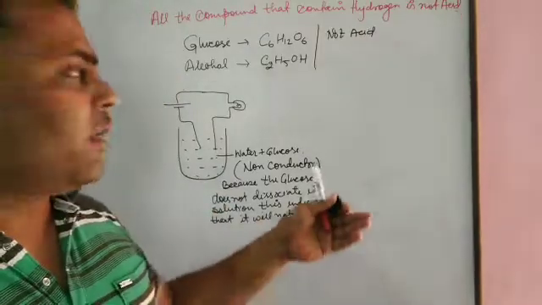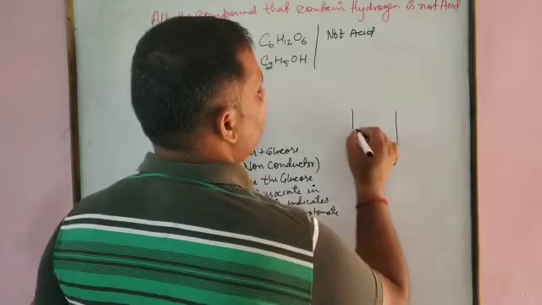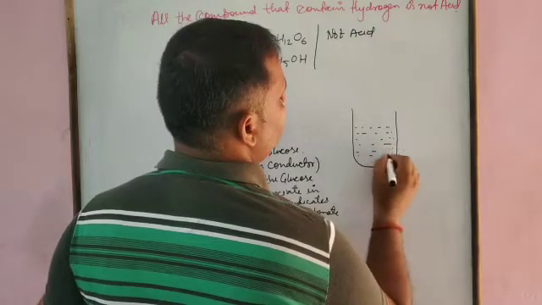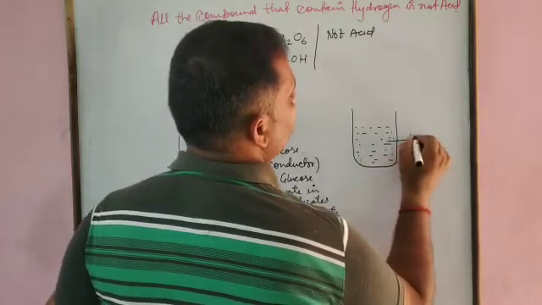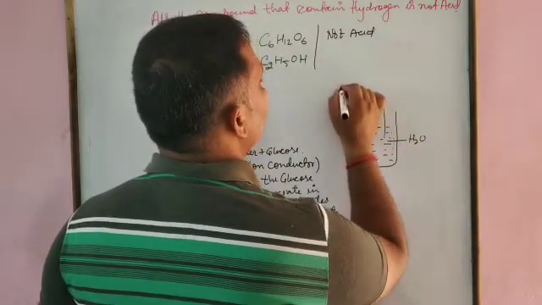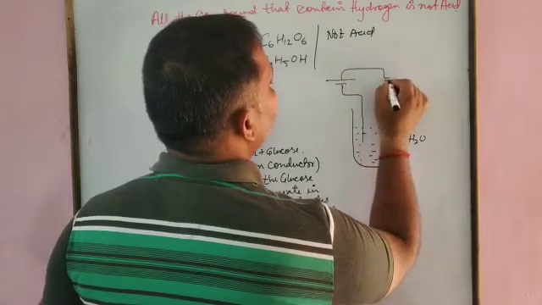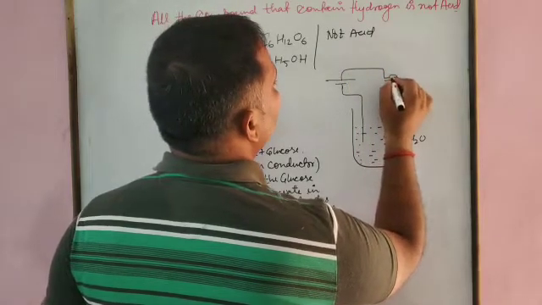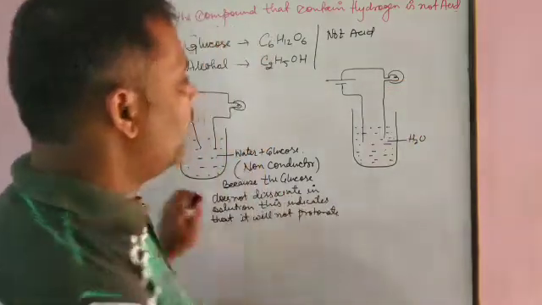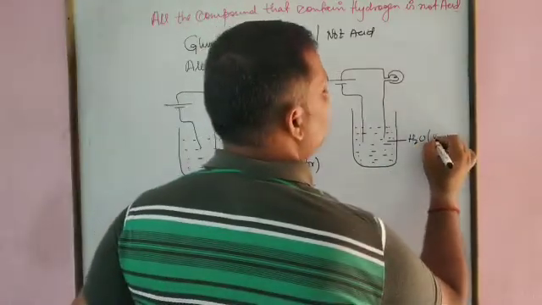Let us take another example. We take a beaker having some water in it. When we place two terminals attached to a battery having a bulb, we see this water is a non-conductor because it is pure.